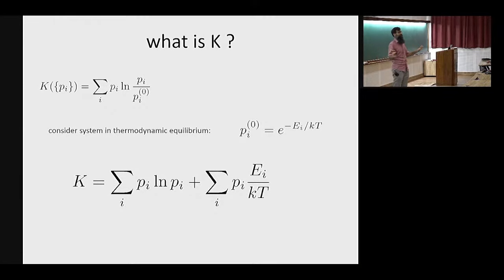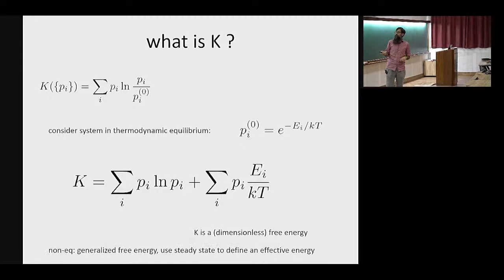So that's nice. Okay, if we now go away from thermodynamic equilibrium, if our steady state is not an equilibrium state, then we could just say, well, this is still something like a free energy. And I then just call it a generalized free energy. It's a quantity that takes the properties of the free energy outside of thermodynamic equilibrium.